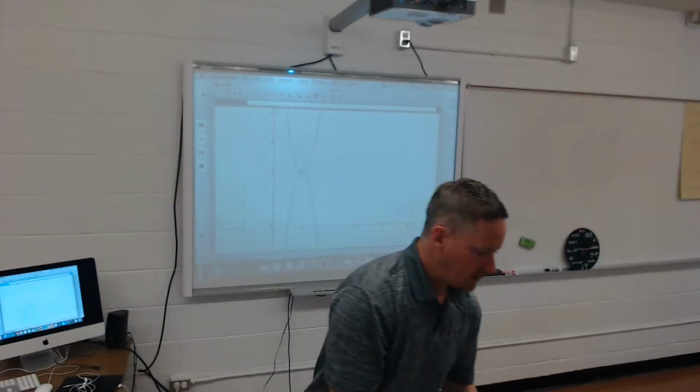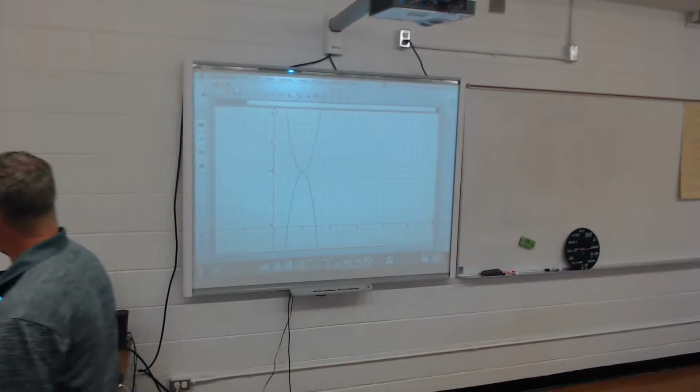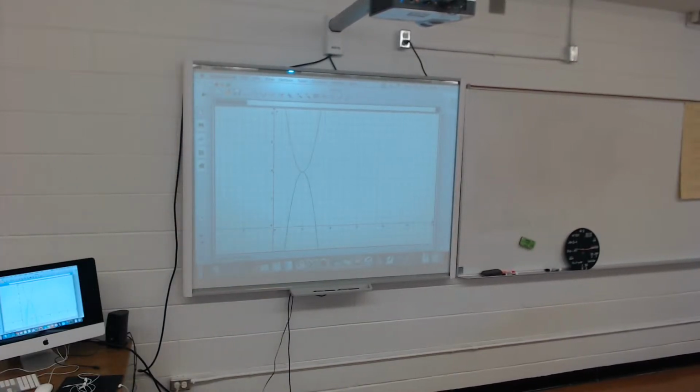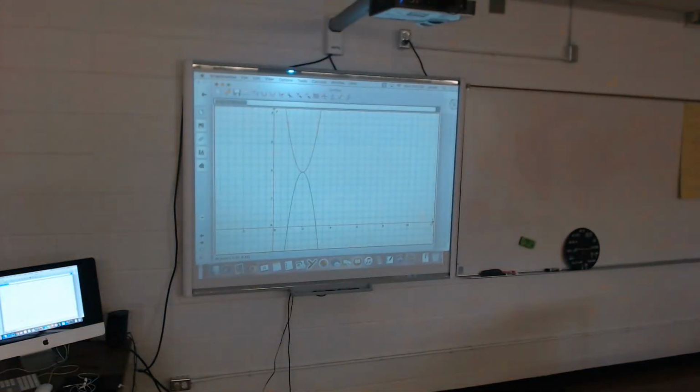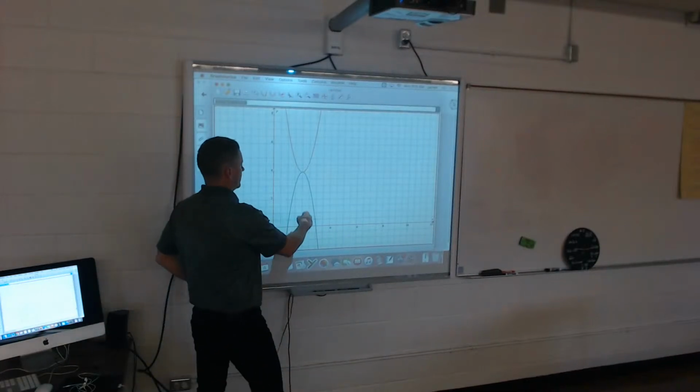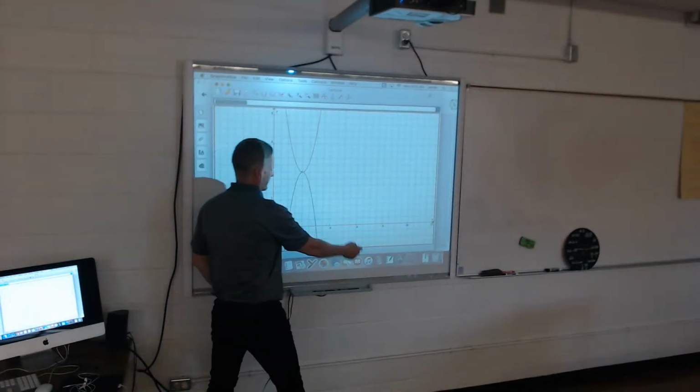Great first example. I'm sure it may be difficult for you to see again, so I'll explain it. When you graph the two of them, it looks like they touch at the vertex.